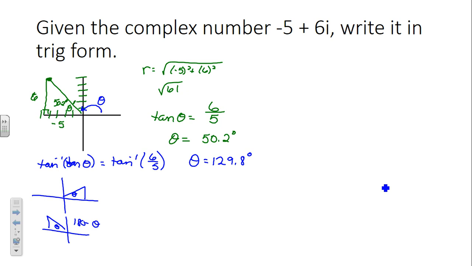And if you're in the third quadrant, what's going to happen? Yeah, 180 plus that theta. And if we're in the fourth quadrant, then what happens?